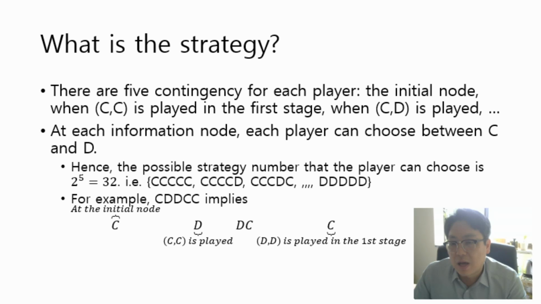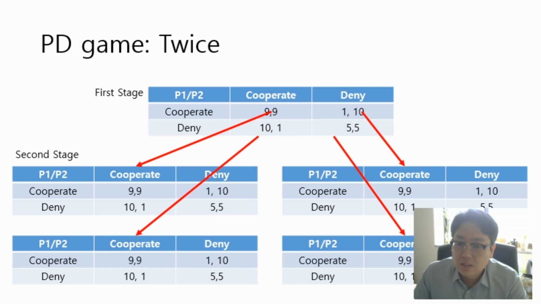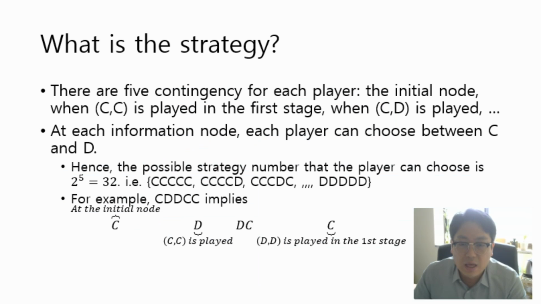Likewise, if the last one represents the strategy when the DD information set is reached, then C means that if this information set is reached, this player will play cooperation.